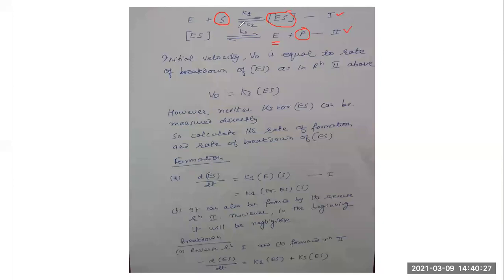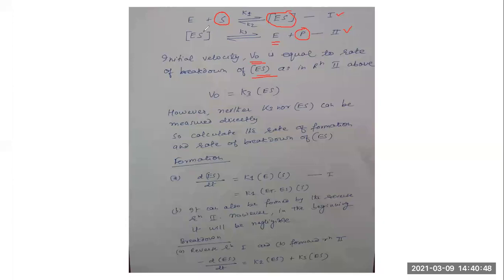For the initial velocity, these are the reaction rate constants. This is forward rate constant K1. K2 is the reverse rate constant. And this is the forward rate constant of reaction 2. Initial velocity V0 is equal to the rate of breakdown of ES.